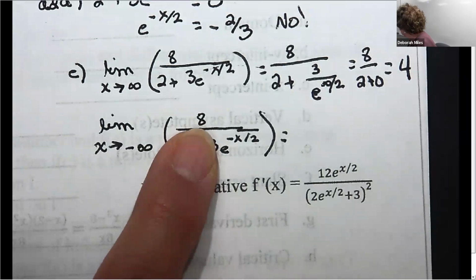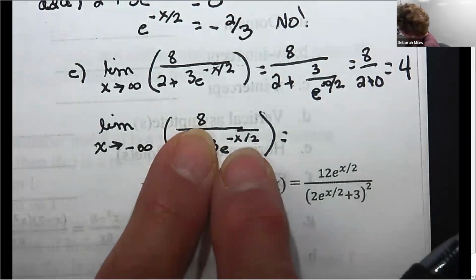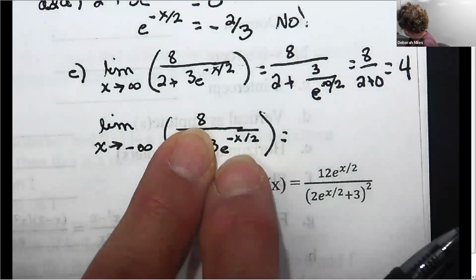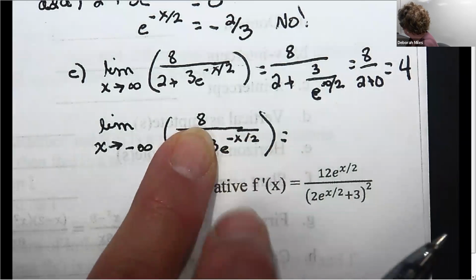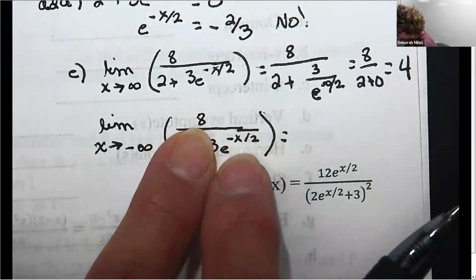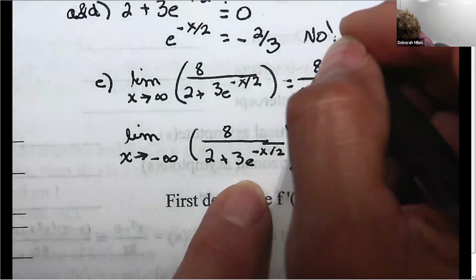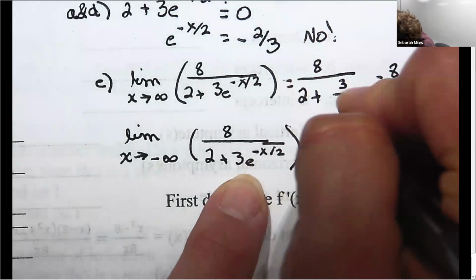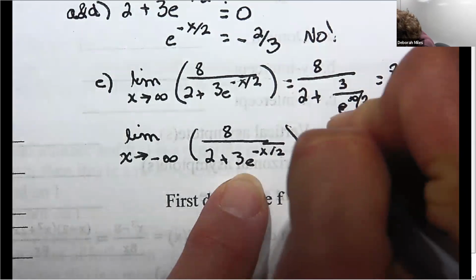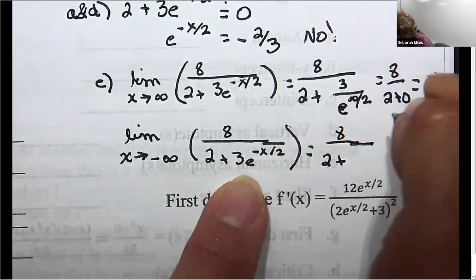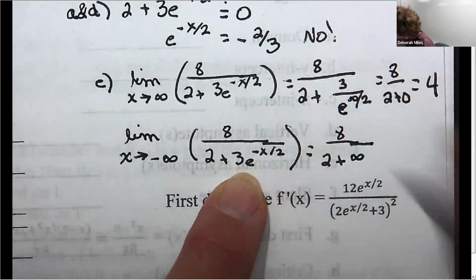A negative times a negative would make that exponent positive, and e to a positive infinity is infinity. So this is 8 over 2 plus infinity.